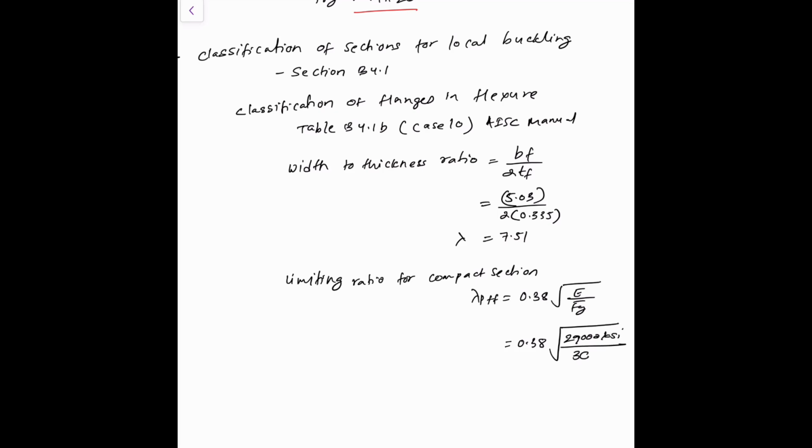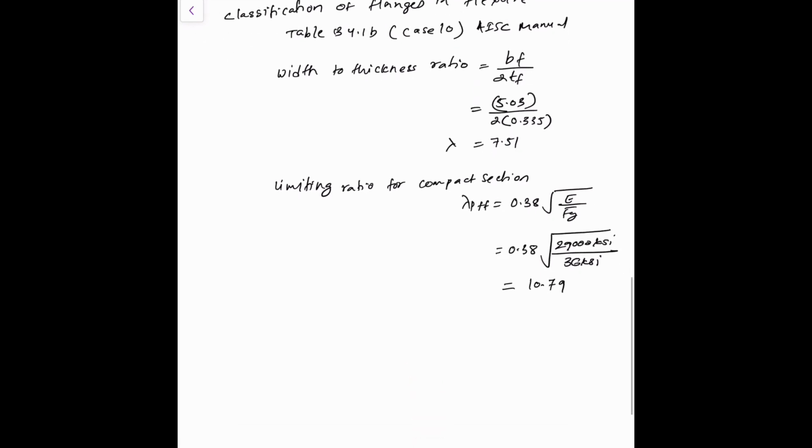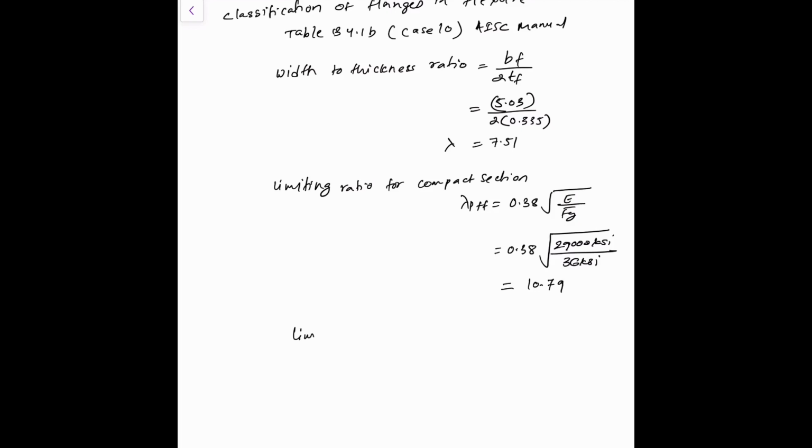Modulus of elasticity of steel is 29,000 ksi. Yield stress of steel is 36 ksi. Solving, we get 0.38 times square root of 29,000 ksi divided by 36, which is 10.79.